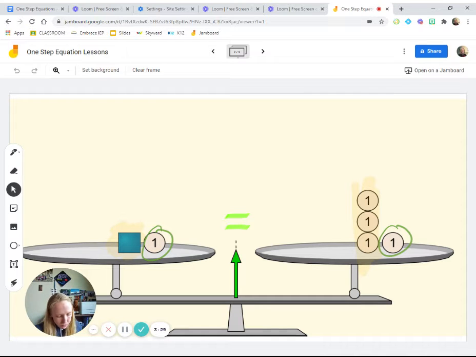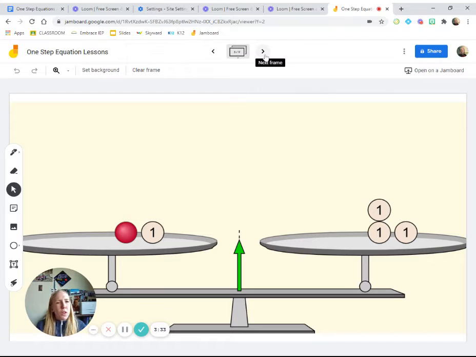Another example is this. Think about what that red circle would have to equal. Again, I'm noticing that there's 1 over here, and this side also has a 1. In order for those two sides to be equal, balanced, what would the red circle have to be equal to?